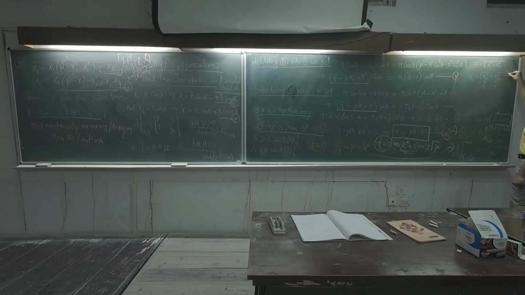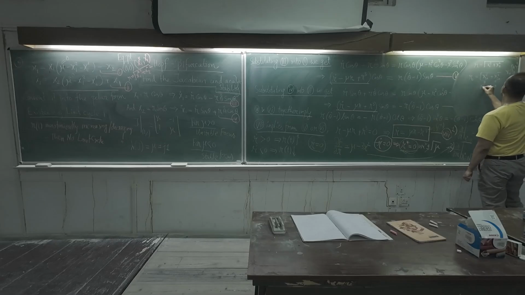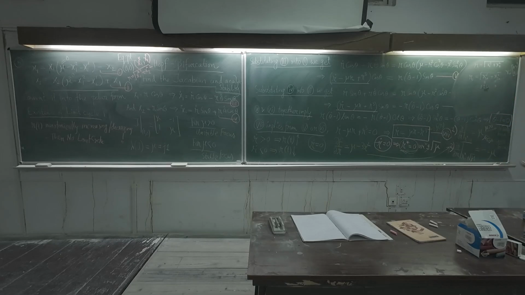That is, I am considering x0 as (1, 0). Or maybe suppose it is 0.5, 0. So in that case it will be 0.25. So R0 will start from the value 0.25, and I still don't know what will be the solution of this one.